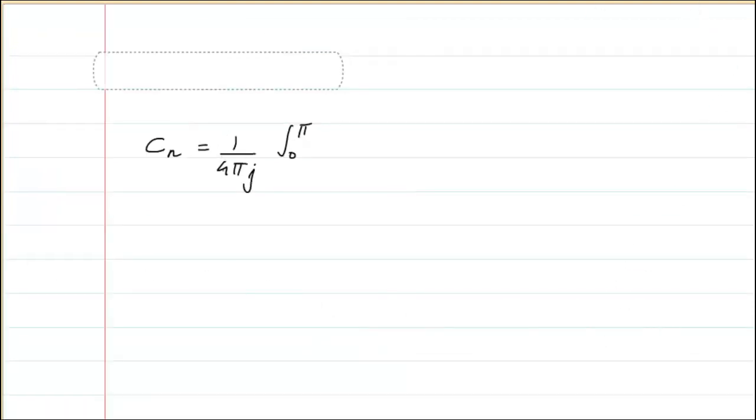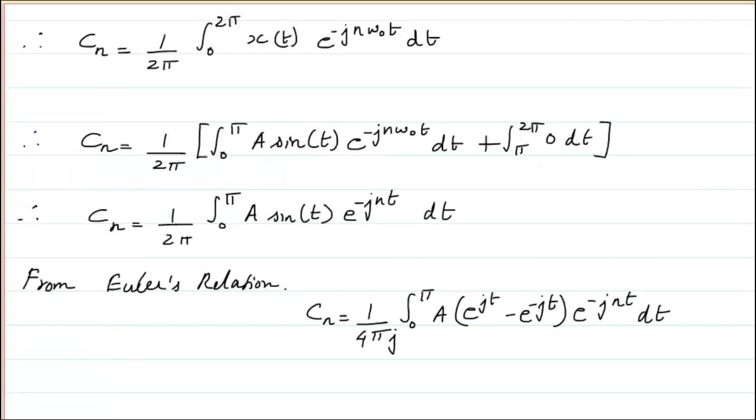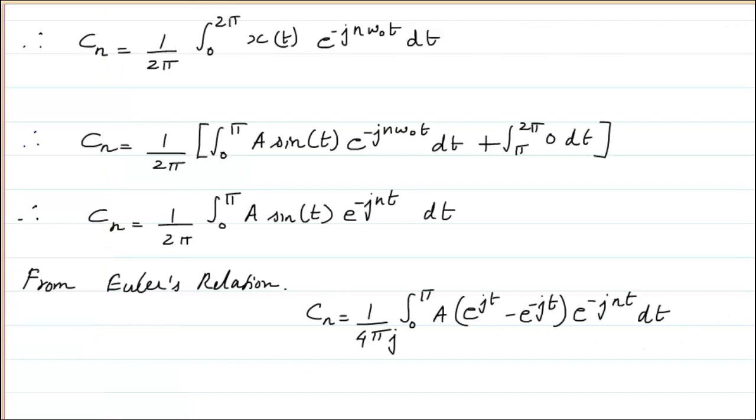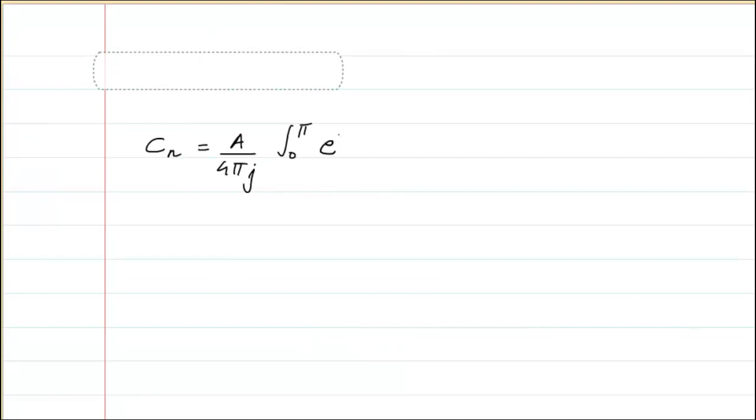So I can write Cn as 1 by 4 pi j integral 0 to pi, and then the remaining portion. A also I will take outside, so A has also come outside. Now what is remaining inside is e raised to power jt into e raised to power minus j nt. I can write e raised to power j times 1 minus n, t.